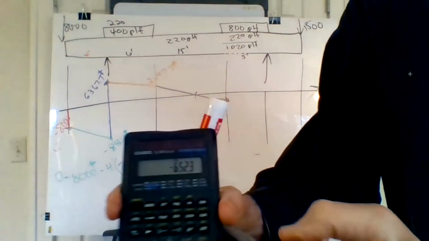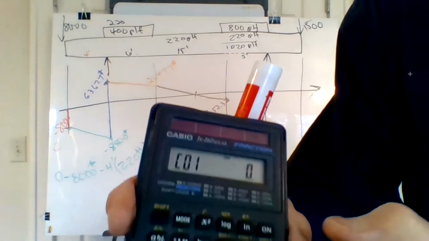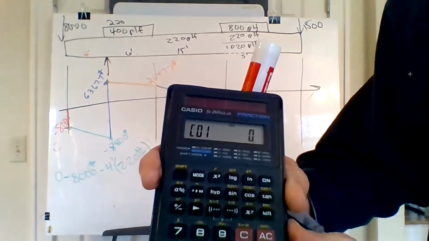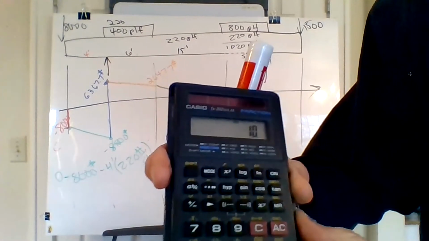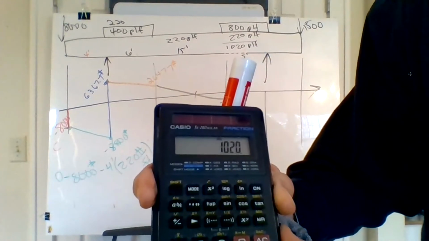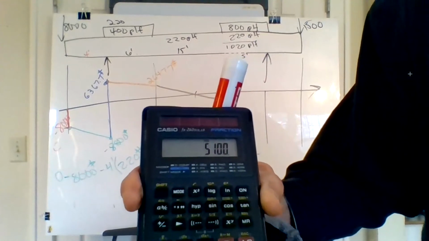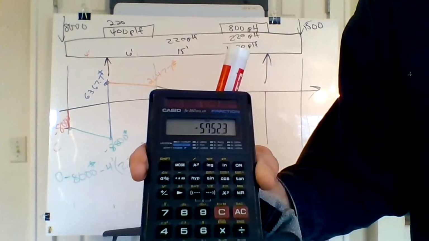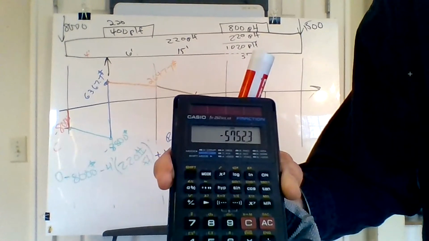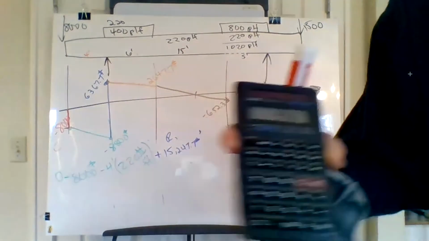So I'm going to drop minus left parentheses 1,020 times 5 right parentheses equals 52.3 negative.